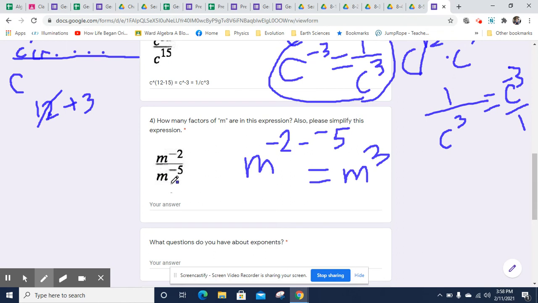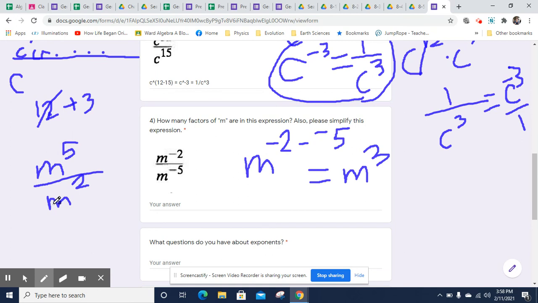Another way to think of it is if I move a base across the fraction bar, the exponent's sign becomes positive. So I'm just going to move m to the negative fifth up here and make it m to the positive fifth. And that's the same thing. And this m to the negative 2, I'm going to move down here and make it m to the positive 2 power. And so that becomes pretty clear.